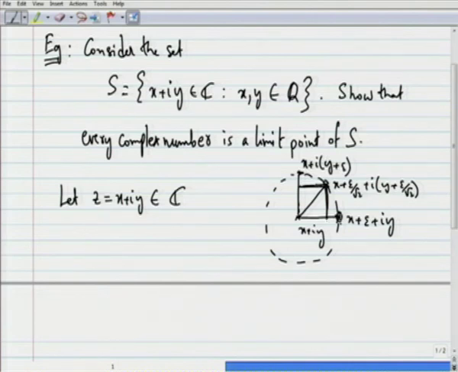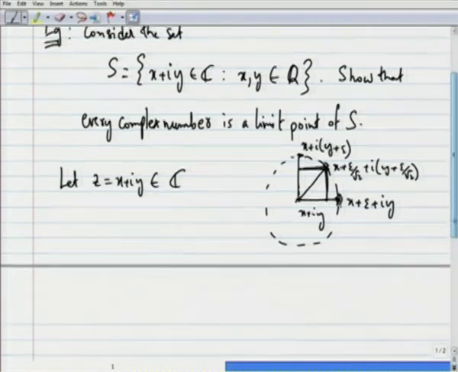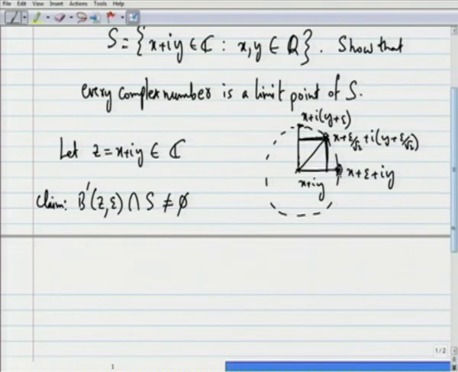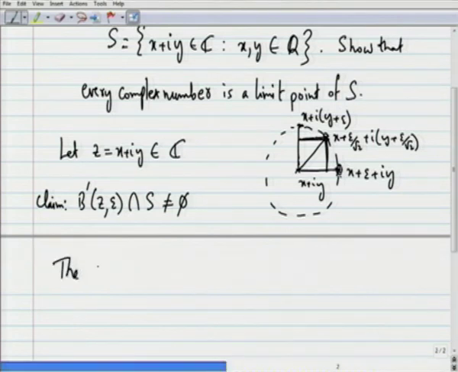Now what we are going to see is that the deleted neighborhood of this z intersection the set S is actually non-empty. That will make z a limit point of this set S. This is true for any epsilon.